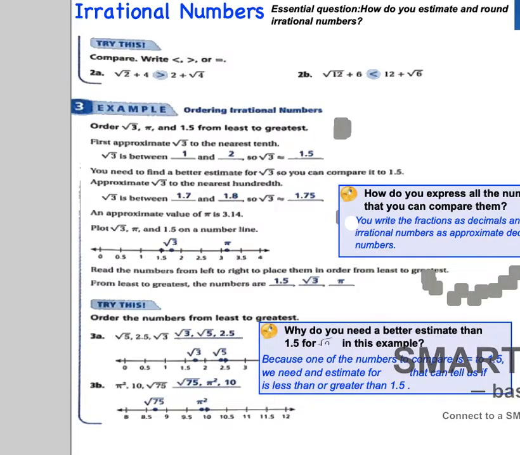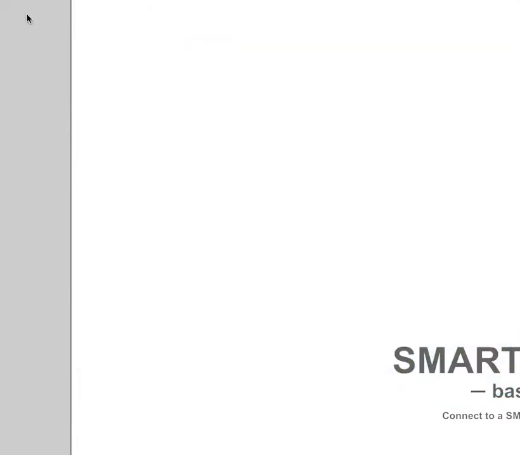Now we get into example 3. You can see some answers here, and I would like to focus on 2b. Let me copy this so I have some more room to operate.